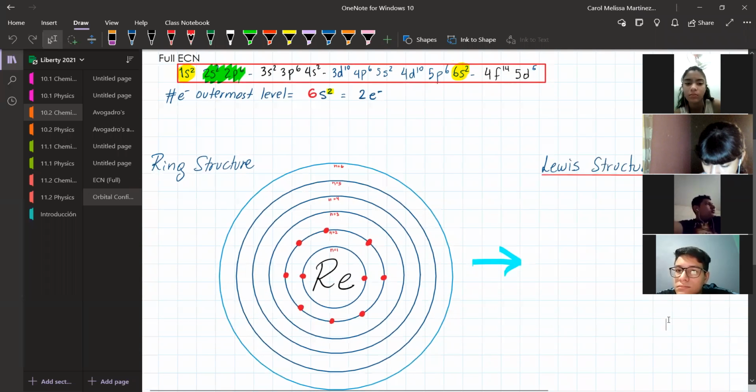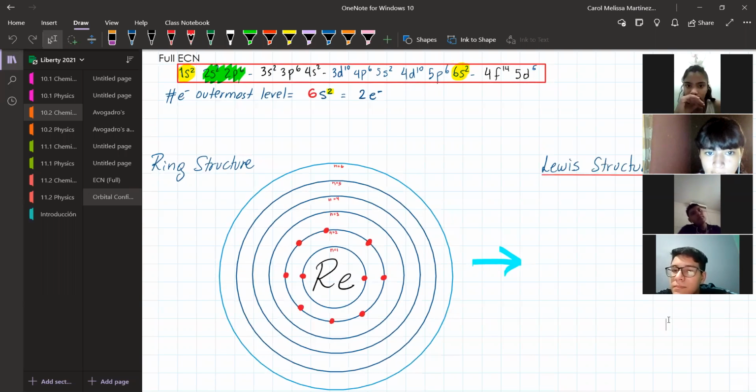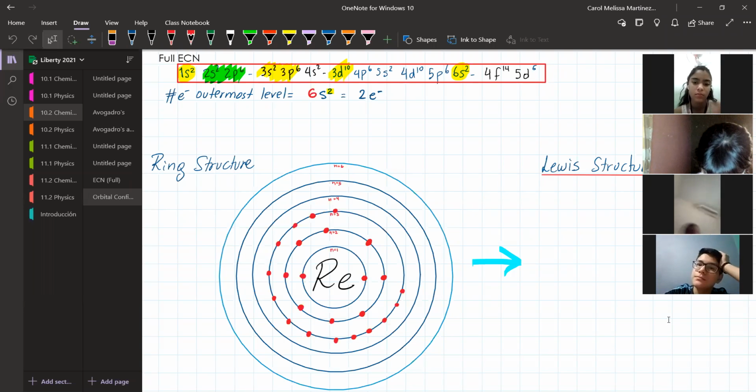In the third ring, I have 18 electrons. 5, 6, 7, 8, 9, 10, 11, 12, 13, 14, 15, 16, 17, 18, and so on, okay, until you complete all the rings.